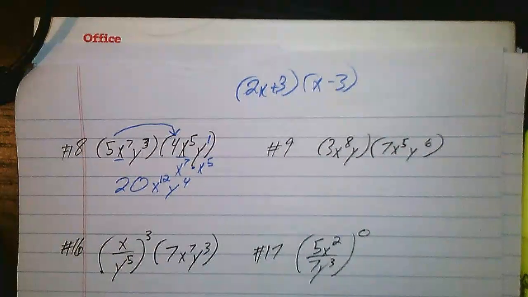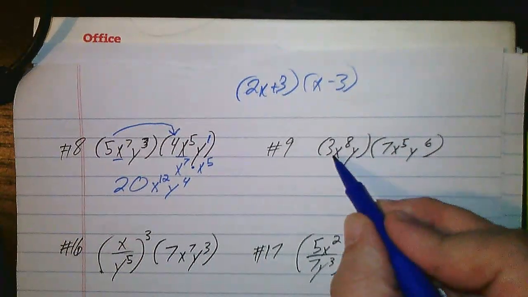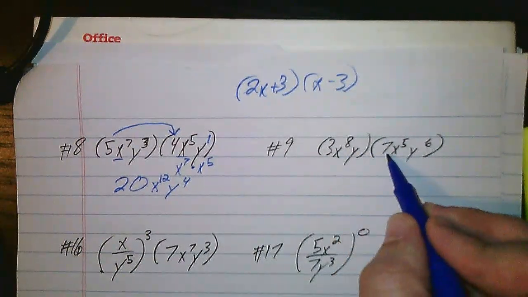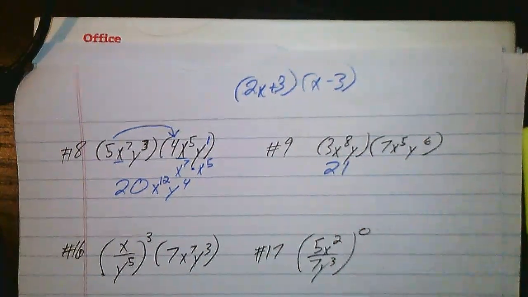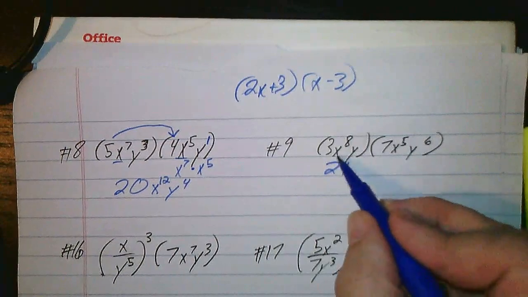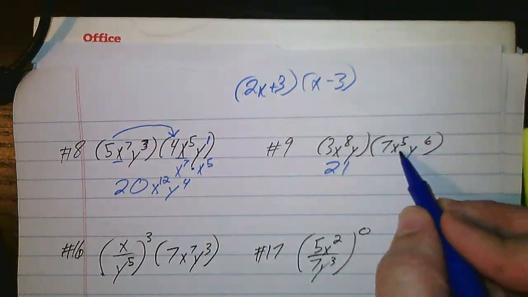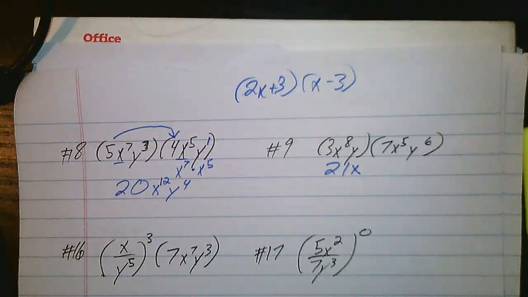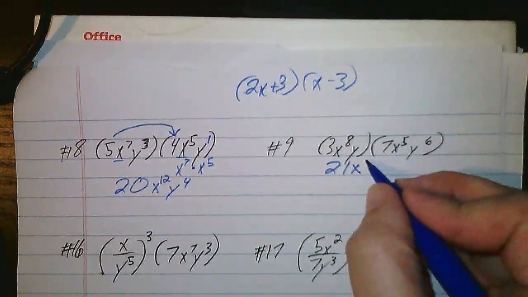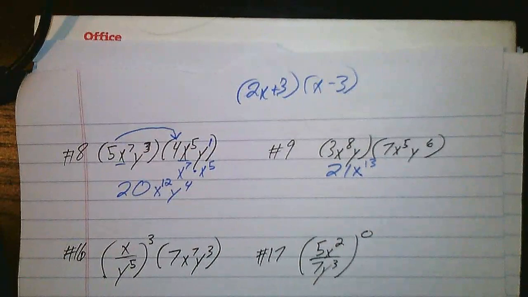And so we'll do the same thing on number 9. Again, we take our coefficients and multiply them. And then we're multiplying x to the 8th times x to the 5th, but that's where we add the exponents. That's part of multiplying.